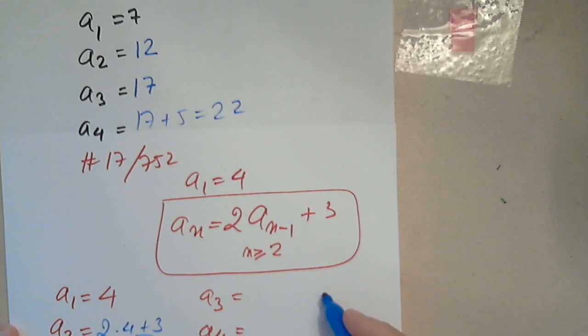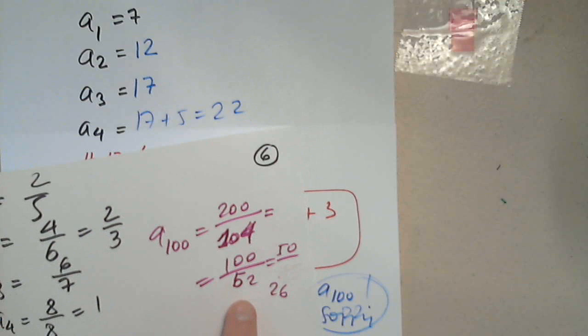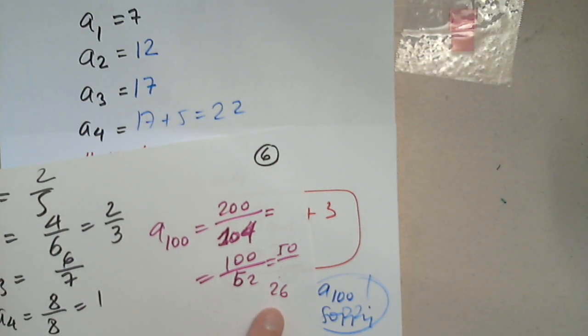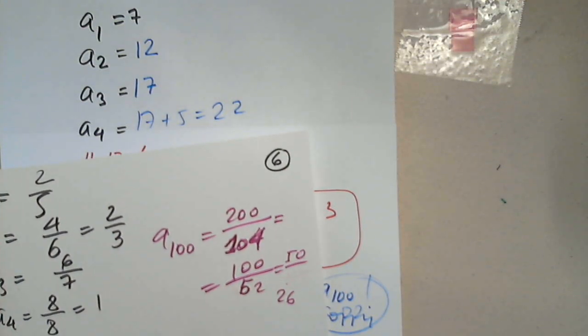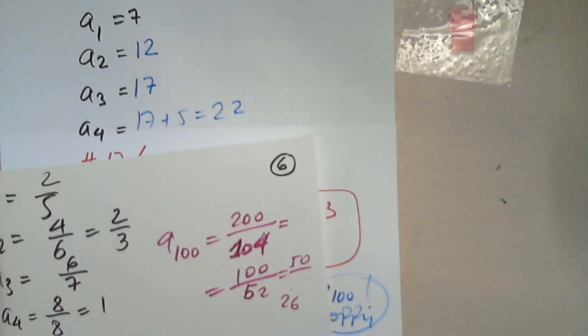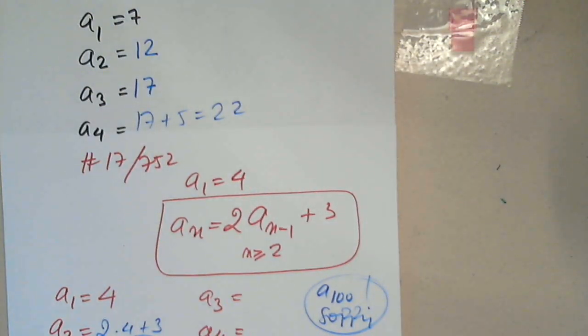Notice that if you ask me to find a 100, I'll say sorry. I can't. Why? On the previous example, with my mistake included, I was able to find, with some difficulties, and I had to erase because I made an error, but I was able to find a sub 100 or the 100th term, but here I can't.